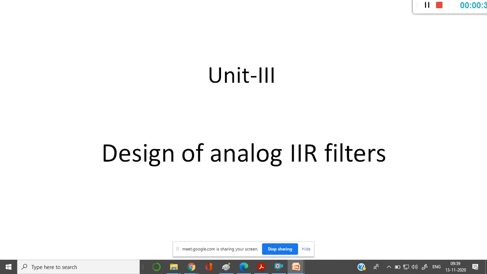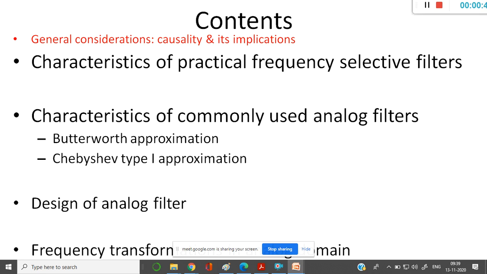That's Unit 3, design of analog IIR filters. The main content covered in this chapter is the characteristics of practical selective frequencies, how I make the frequency selection, and which are the commonly used mathematical approximation methods.